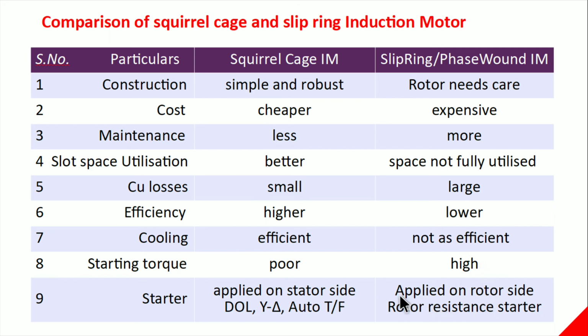So watching all this comparison, we can say that generally squirrel cage induction motors are used more than 90% of the time, and in very rare cases where the starting torque required is very high, where we have to start the motor on full load, we use the slip ring induction motor. Otherwise the squirrel cage induction motor is preferred and generally used. Thank you.